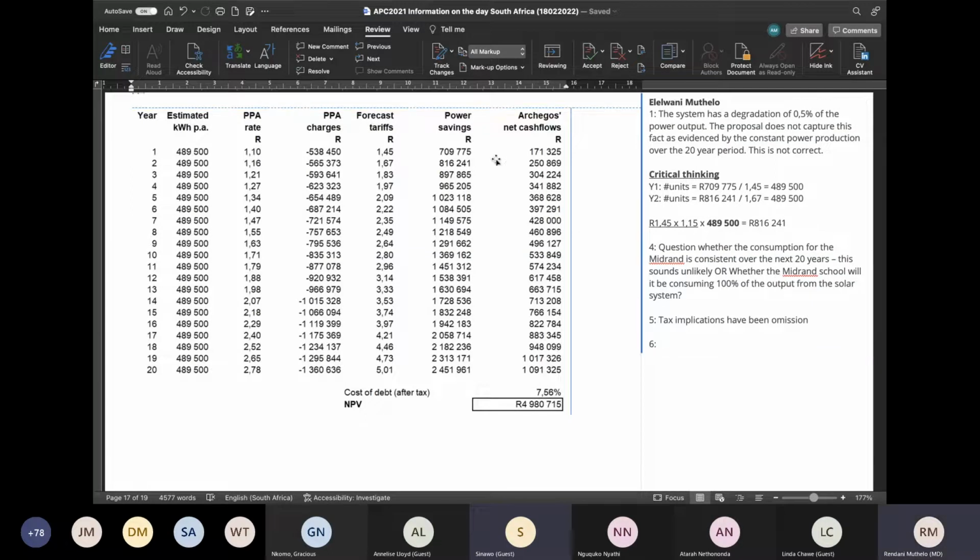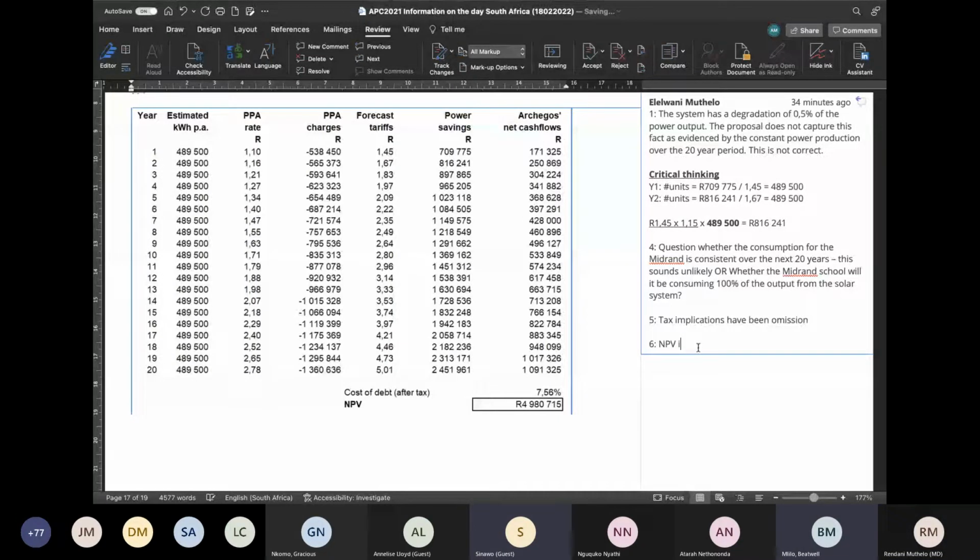Now we say, all right, let's say tax was correctly included. Then they discounted using the cost of debt after tax to get the NPV. Do you have any concerns? Yes, I have concerns, because normally when you're doing the NPV, they should look at the capital structure.